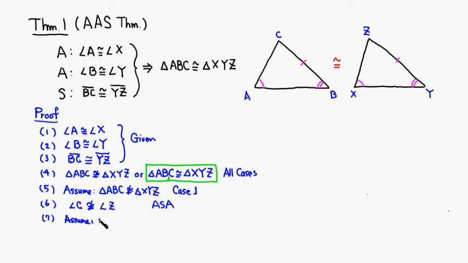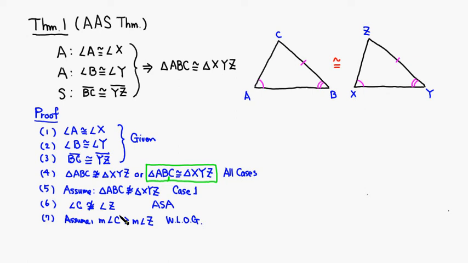So the measure of angle C is strictly larger than the measure of angle Z. This is by without loss of generality. If the inequality is the other way around, then we can do a similar, symmetric argument to establish the same kind of contradiction. So let's assume that angle C is larger than angle Z.